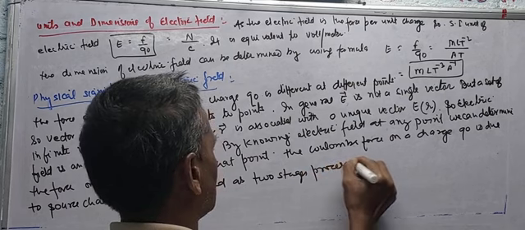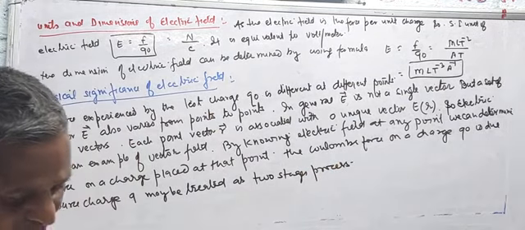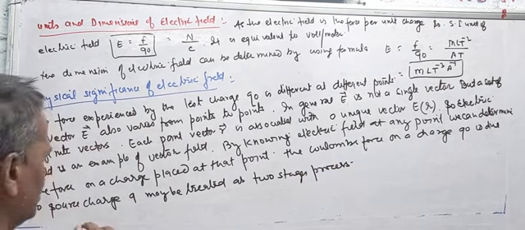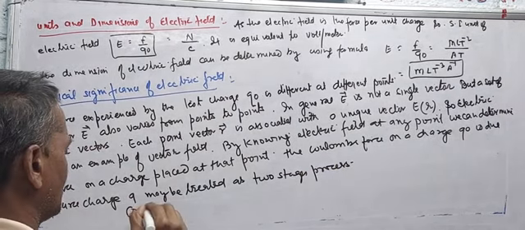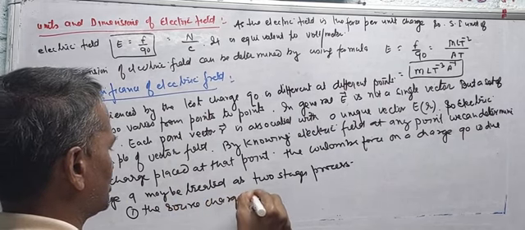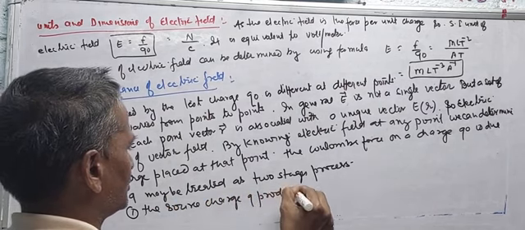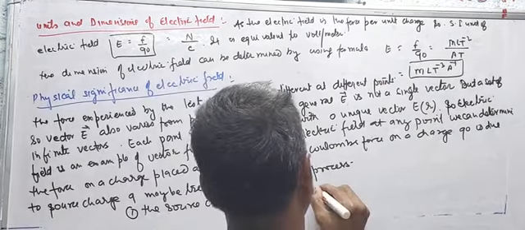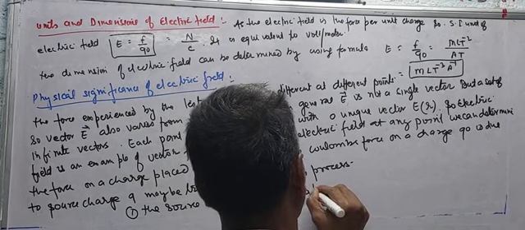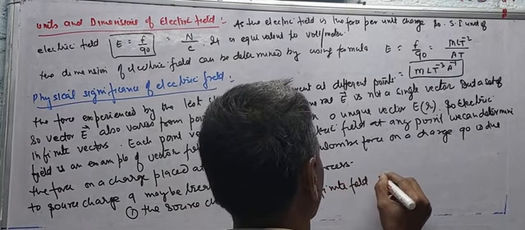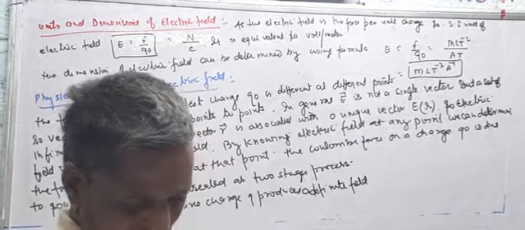First, the source charge Q produces a definite field E(r).